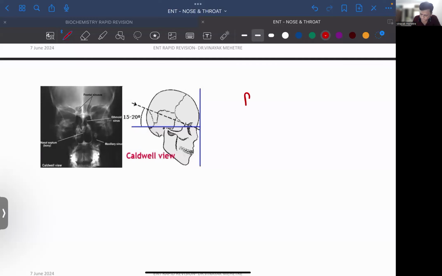Best for what? Take a look over here. Best for frontal sinus.